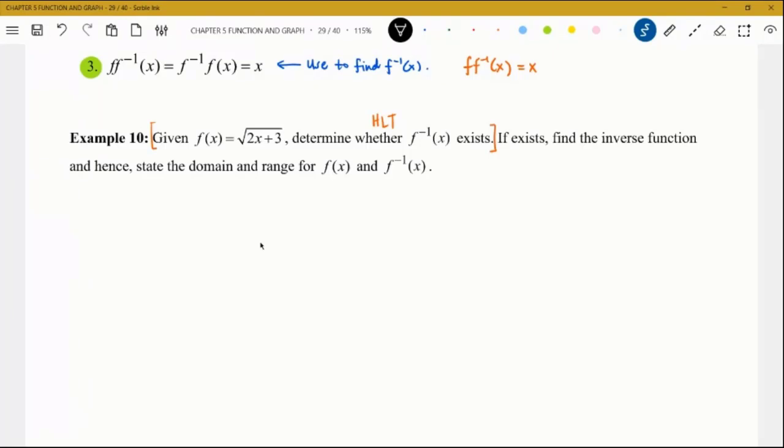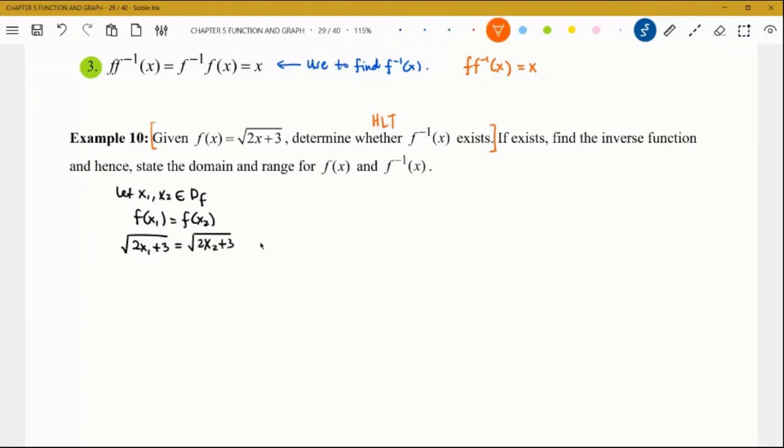We're gonna have to let x1 and x2 element of domain f. So we have to substitute your x1 into the f and x2 into the f. So sebelah kiri adalah square root of 2x1 plus 3. Sebelah kanan adalah square root 2x2 plus 3.